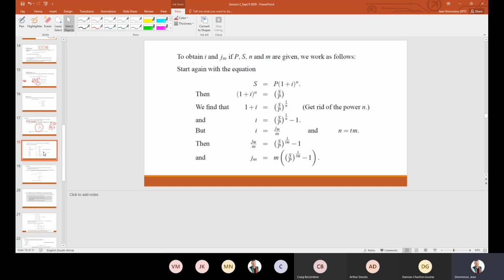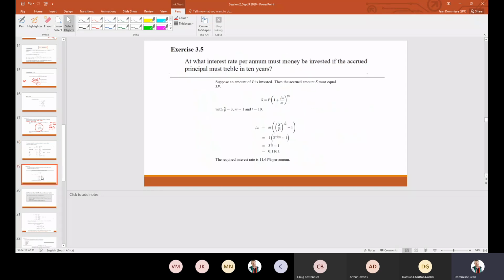Okay, so some of the next ones just give you a bit more. The other thing that we also look at is, in this one, at what interest rate per annum must money be invested if accrued principal must triple in 10 years' time?